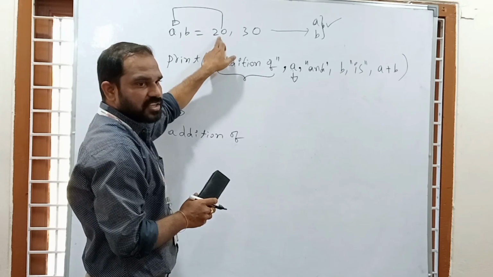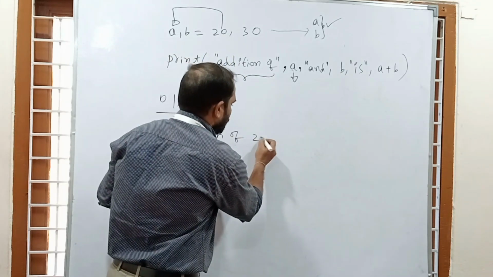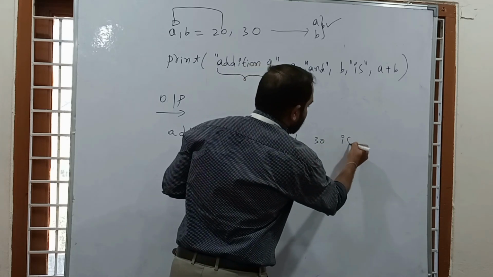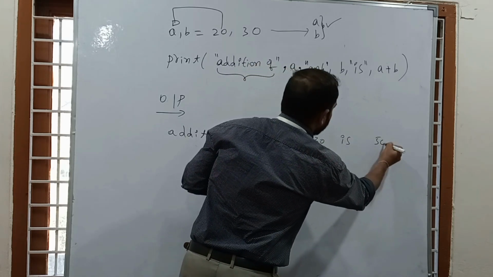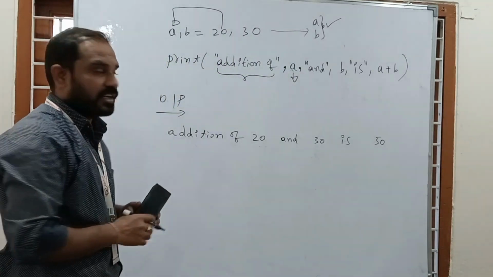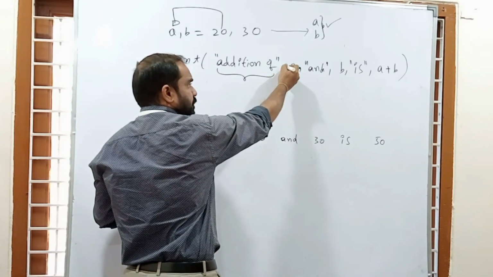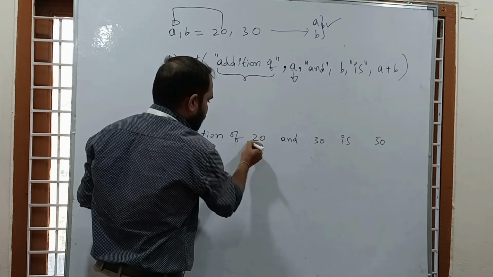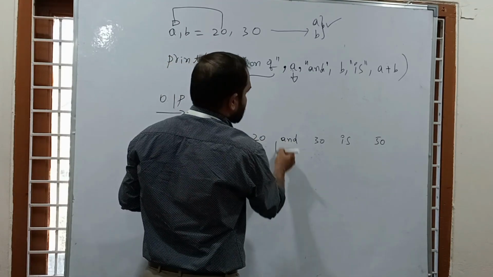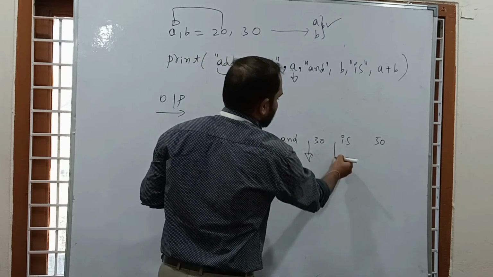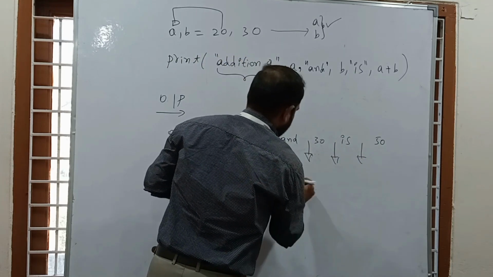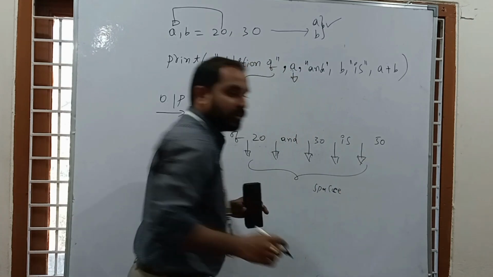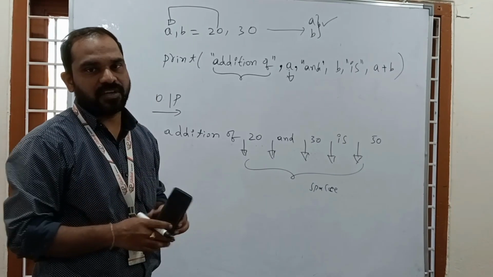In a, which data is stored? 20. So addition of 20 and space 30, again space. What is the result? 50. So this will be printed on the screen. Whenever there are comma separated values, you will get a space. Here is a space, here also you will get space, here also, here and here. So by default it will provide space whenever you are going to print multiple values on the screen.